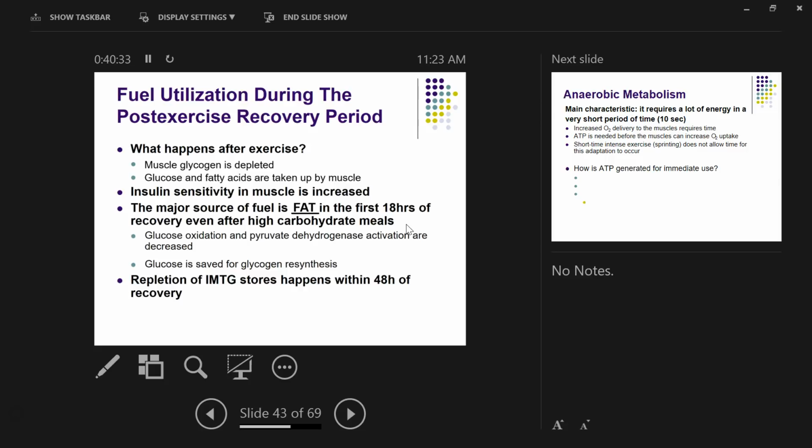Because the priority that the body needs to do after exercise is to rebuild muscle glycogen, right? So you always want to save glucose for glycogen resynthesis. So even if you give them a high carbohydrate diet, and they get a lot of carbohydrate from the diet, they won't use it. It is saved for glycogen synthesis in the muscle, right? So the body prefers to use fat in order to save glucose for glycogen synthesis.